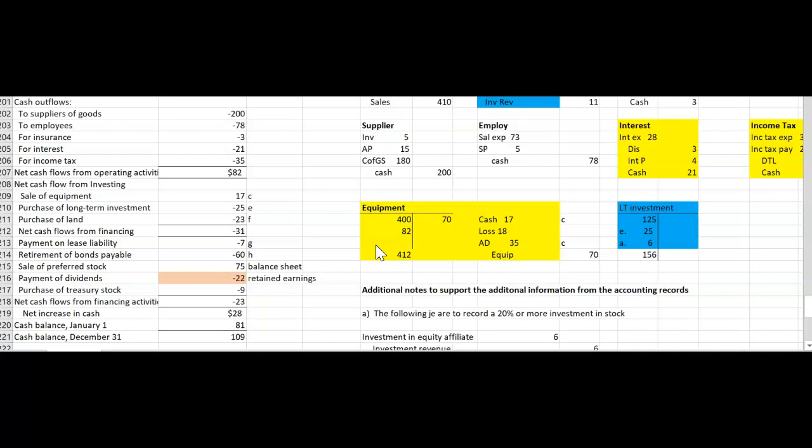You can also examine the lease payable. The actual present value of the lease payments was $82 million, and they made their first payment on January 1, so 82 million minus 7 shows you the lease payable is now balanced at $75 million.